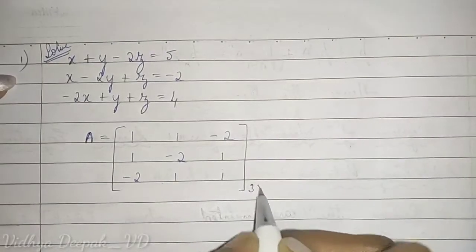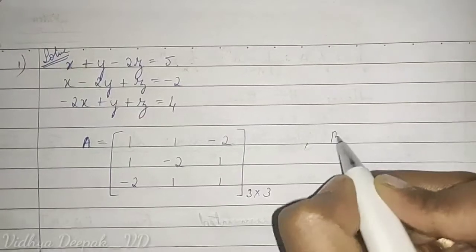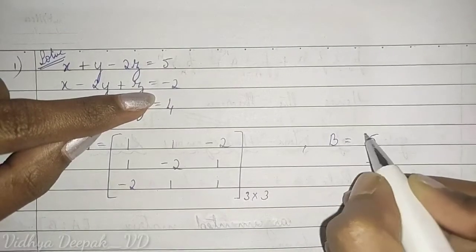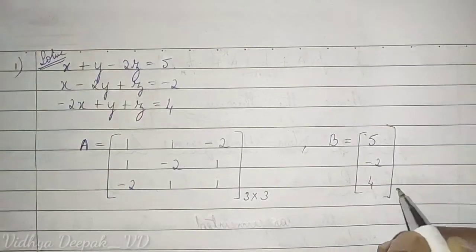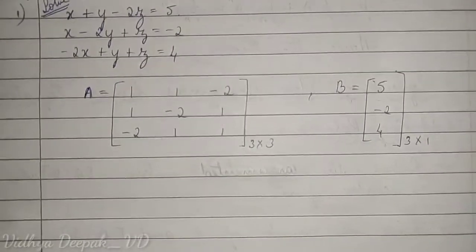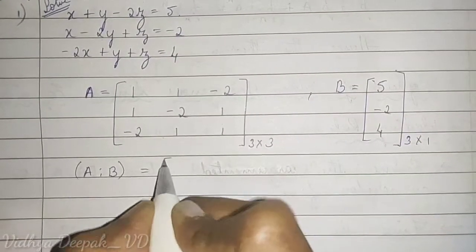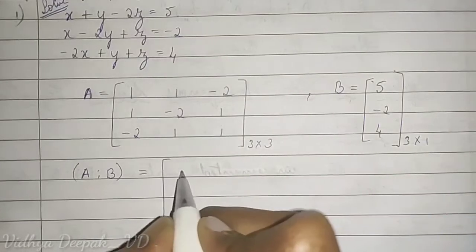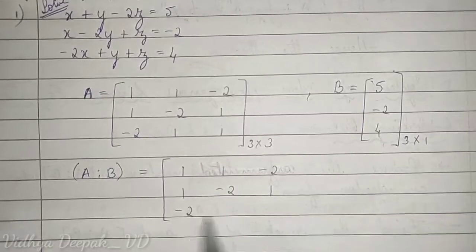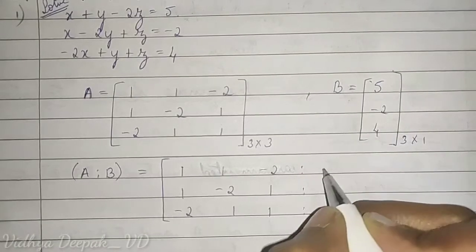So this is a 3 cross 3 matrix. Now we have the constants on the right side, which we will take as another matrix B. That is 5, minus 2 and 4, which is a 3 cross 1 matrix. Now the augmented matrix is A augmented with B. We are joining these two matrices this way: 1, 1, minus 2, 1, minus 2, 1, minus 2, 1, 1, then putting two dots and writing these numbers here.